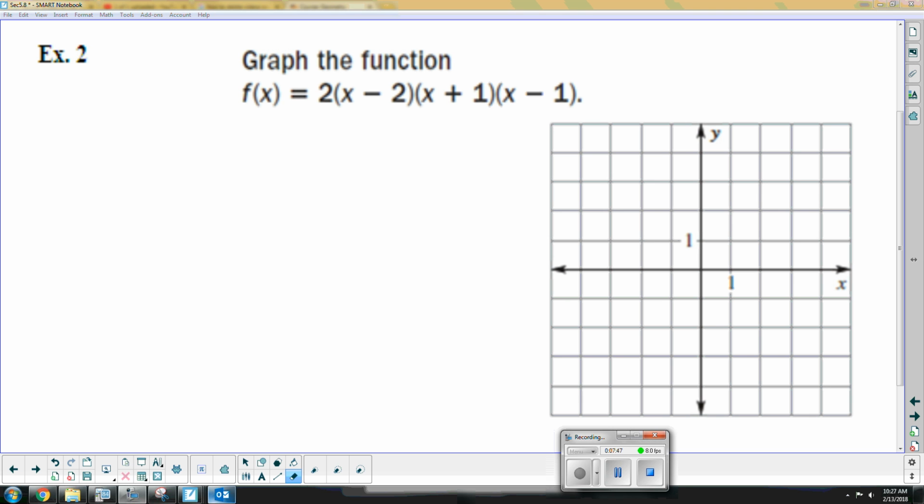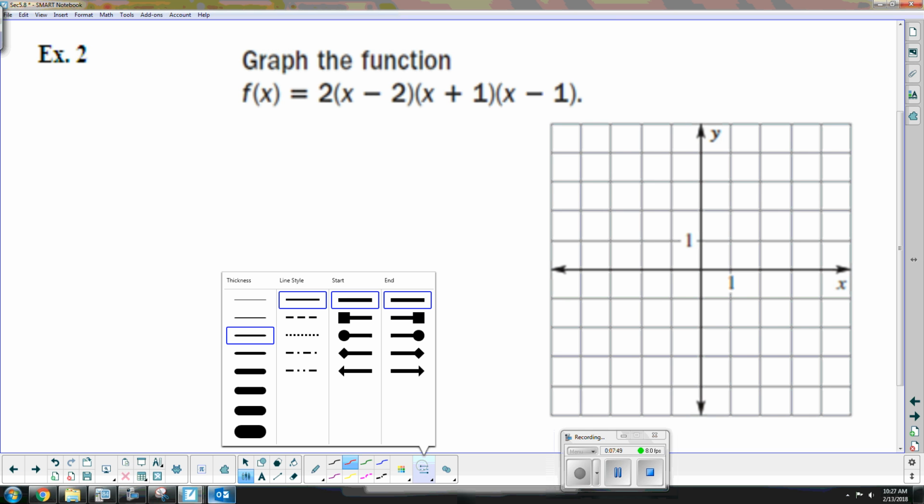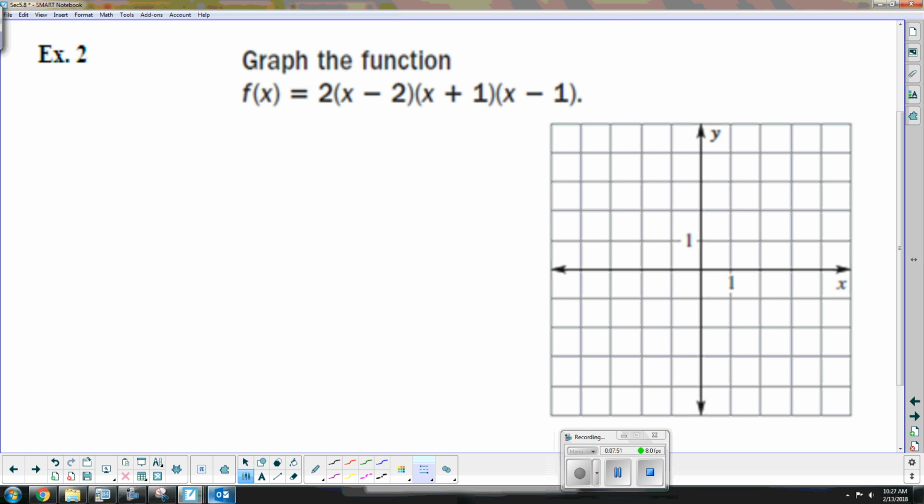So first, let's find our zeros. And we'll plot those. So zeros here, +2, -1, +1. So 2, 1, -2.